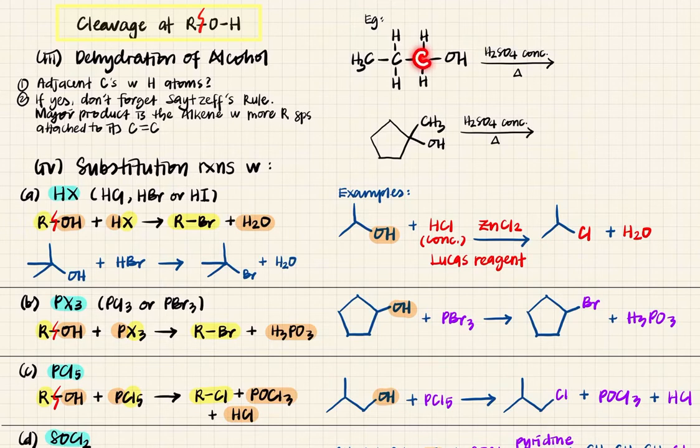So here you have your carbon, okay, alpha carbon, and then you are going to look at the carbon that is attached to this carbon. So awak ada satu je carbon in this case, so maksudnya awak memang akan buang this hydrogen lah dengan this OH, and then you will form an alkene.